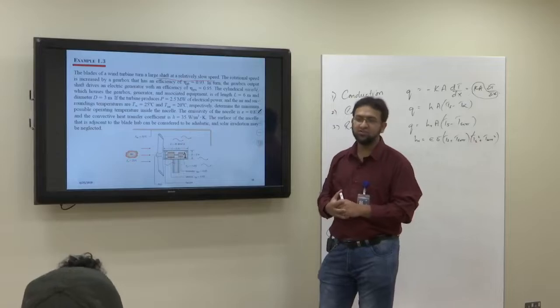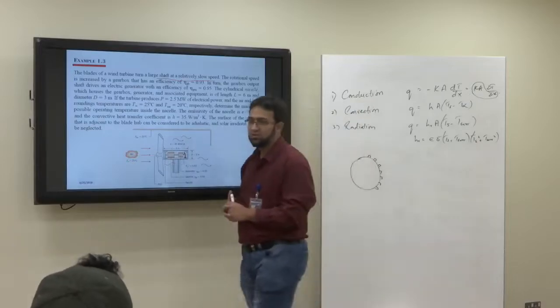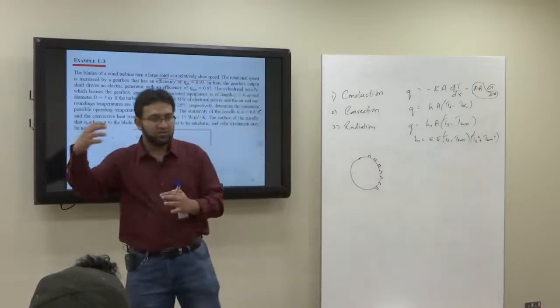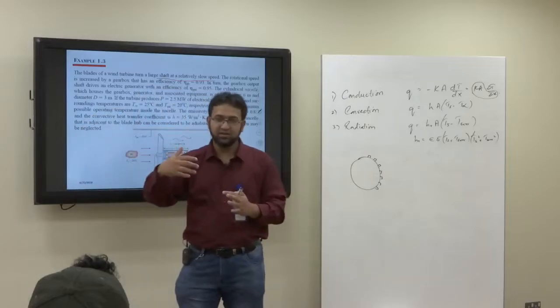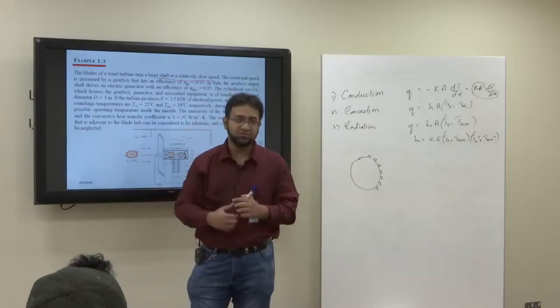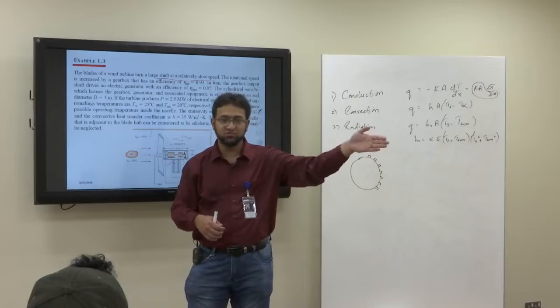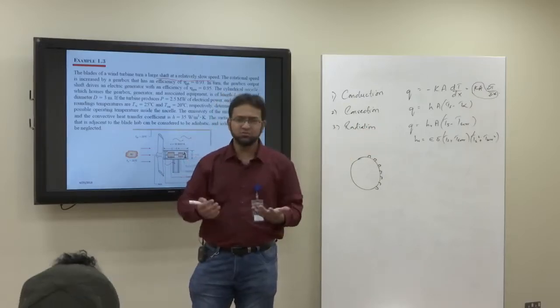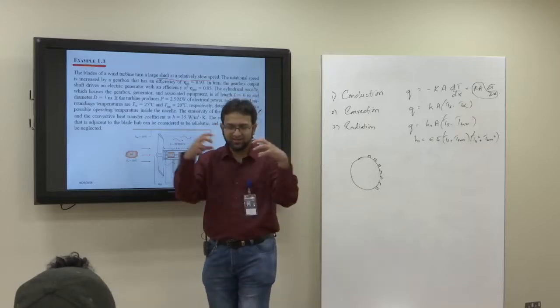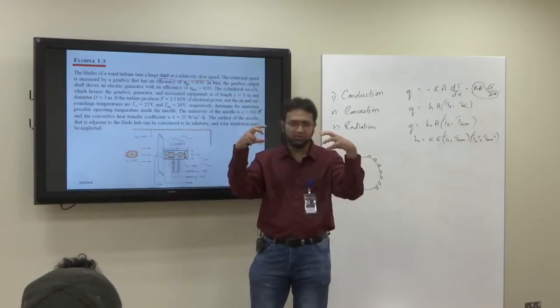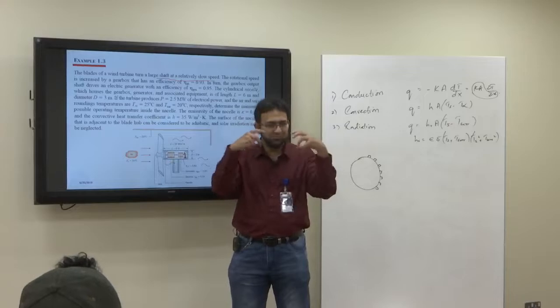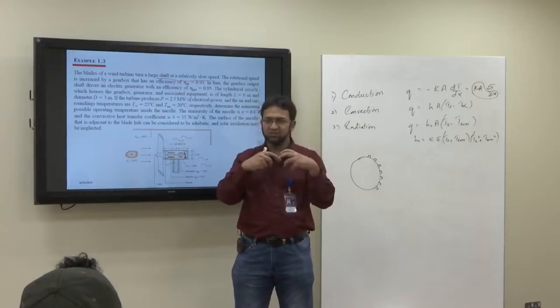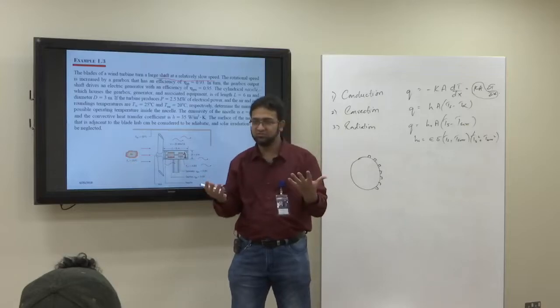So obviously there will be some losses. All the wind energy which is coming to the wind turbine, which is rotating the main shaft of the wind turbine, will not be transferred to the smaller gear. There are some losses in between. Losses are because of what? Because you have mechanical components in contact with each other. There will be friction, there will be resistance, and because of that some heat is generated. Where is this heat generated from?